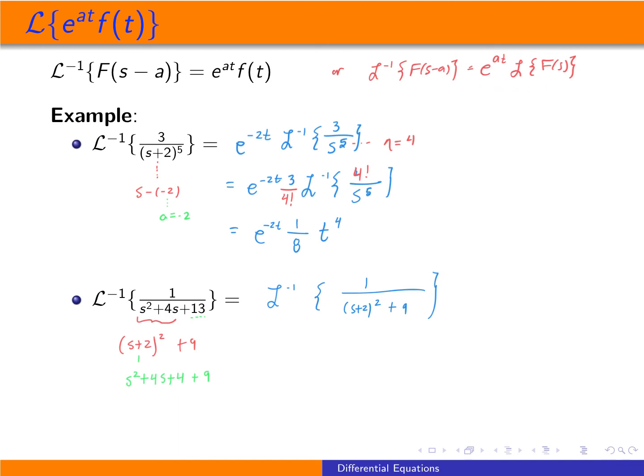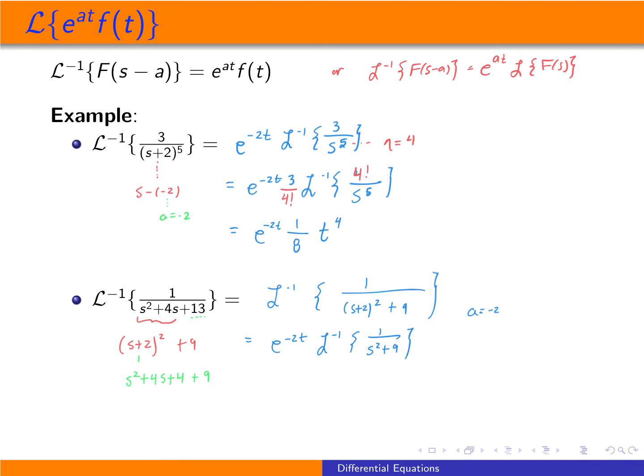This looks very similar to the sine of 3t formula, but we have this shift here, s plus 2 again. So in this case, our a value is equal to minus 2. So we can write this as e to the minus 2t, the inverse transform of 1 over s squared plus 9.